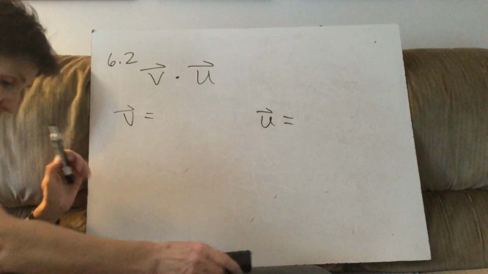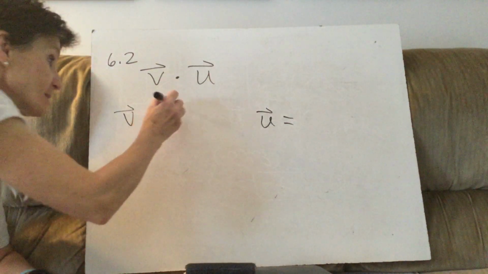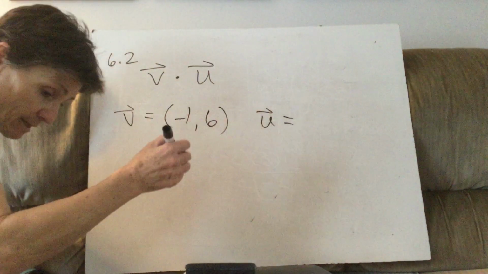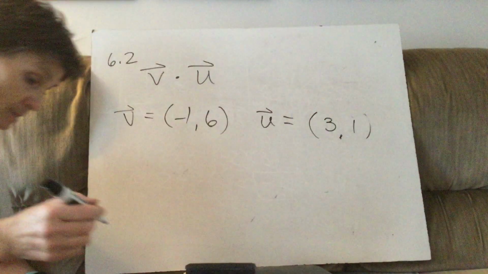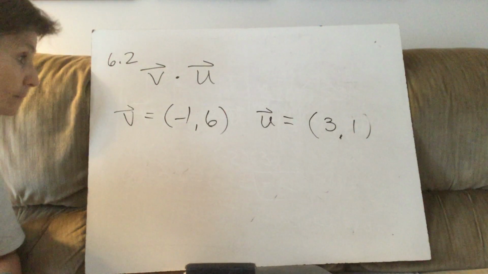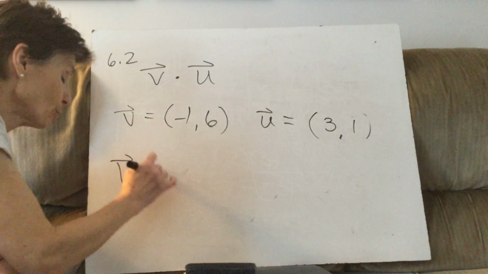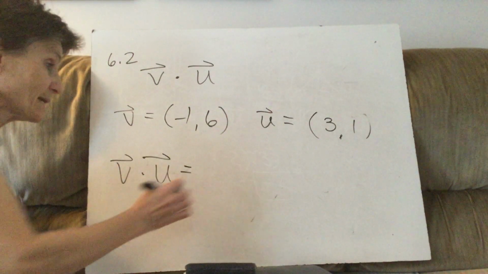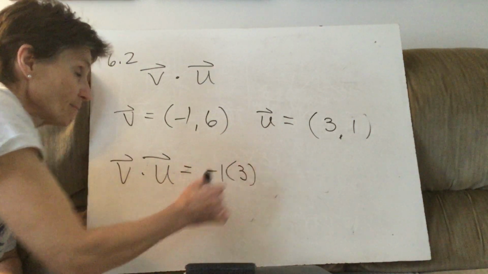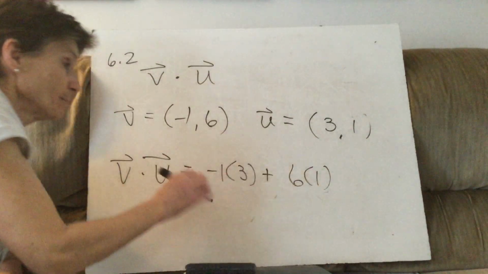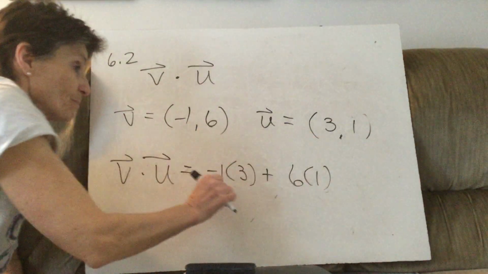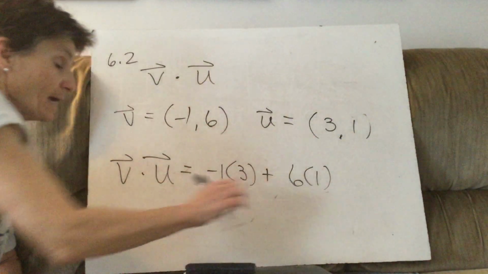All right, let's do our next example. V is -1, 6, and U is 3, 1. And we're going to do the dot product. So we take the x times the x, we take the y times the y, and we add them up.